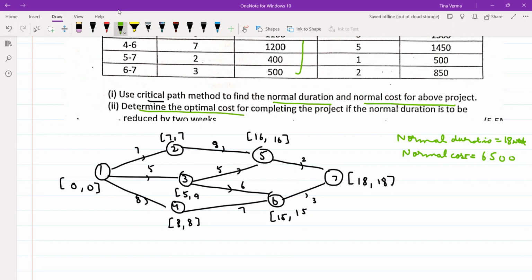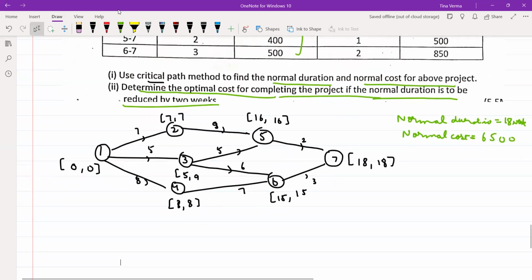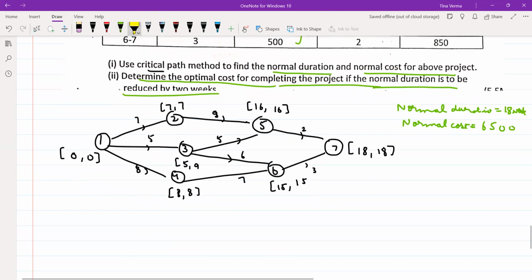Now you have to determine the optimal cost for completing the project if the normal duration is to be reduced by 2 weeks. That means we have to reduce 2 weeks, so we have to check from where we can reduce. You can notice in this case, this is my critical activity. One path was 1 to 5 and 5 to 7, and the other path was 1 to 4, 4 to 6, and 6 to 7.